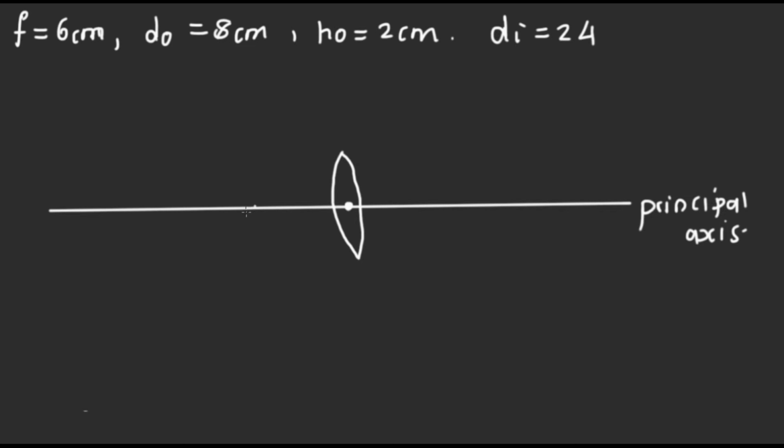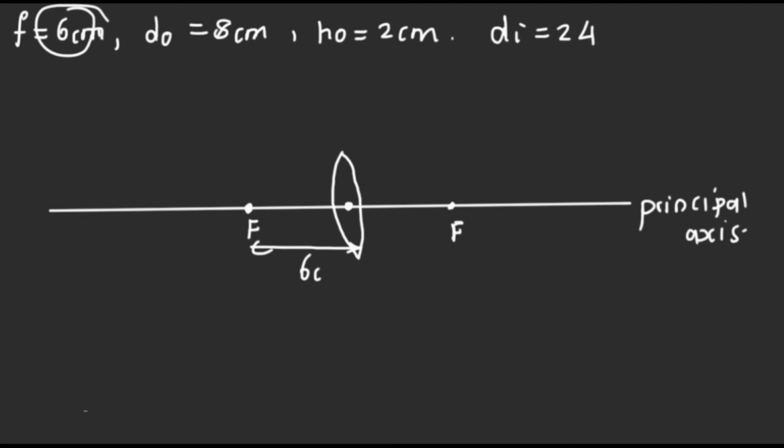So remember, let's say we put our focal point number 1 here, and our focal point number 1 on the other side here. So remember, the distance from here up to here, which is the focal length, is 6 centimeters. So the 6 centimeters is here.